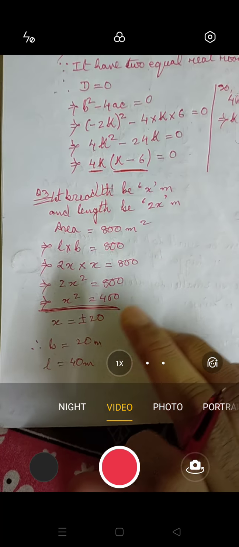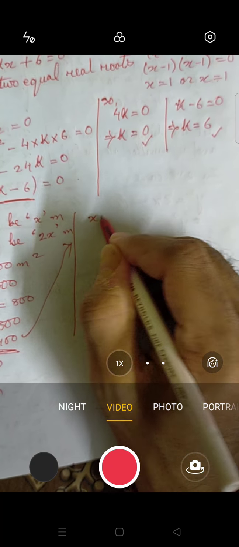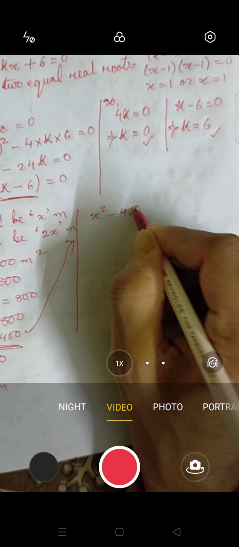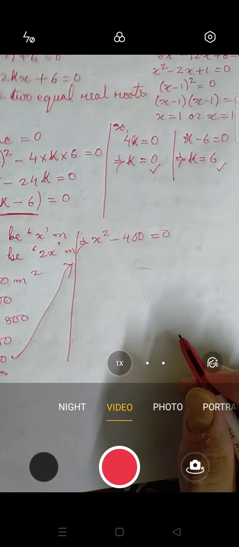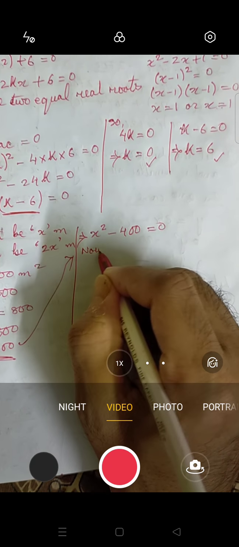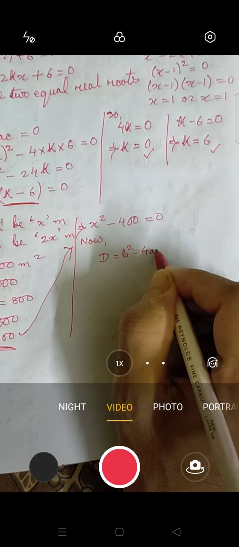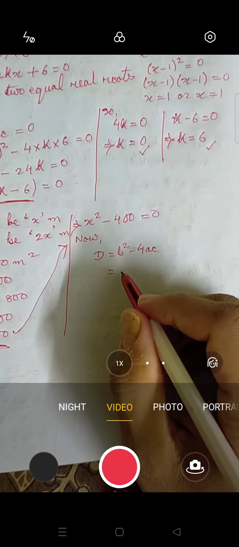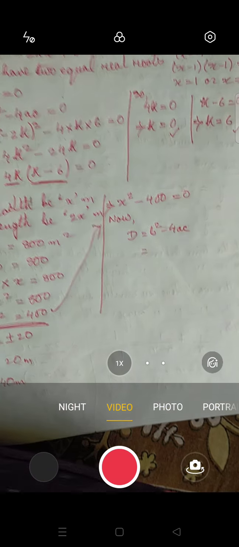So what we have to do after this, we have to write after this line, x square minus 400 equals to 0. Is it clear? Now we'll find D. D is equal to b square minus 4ac. Now b means coefficient of x.